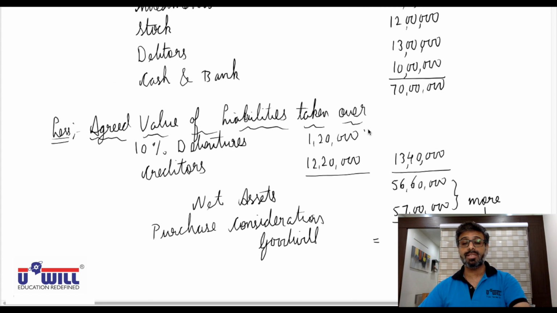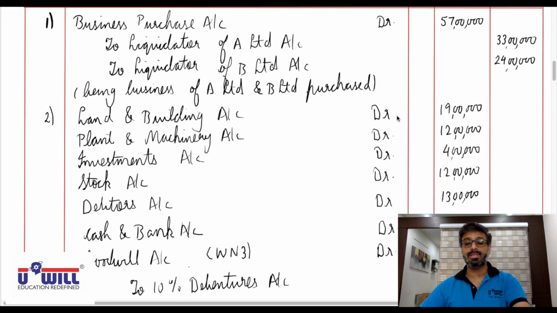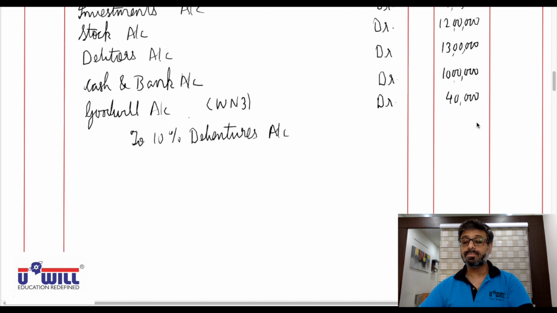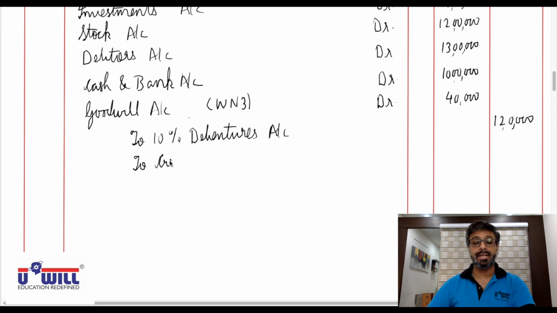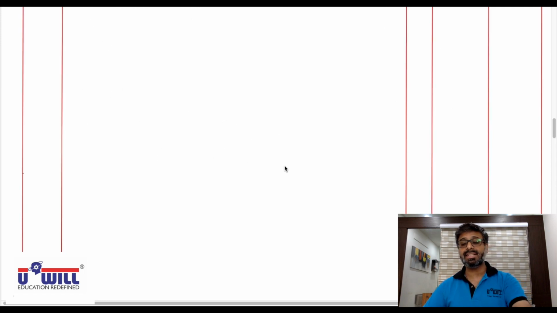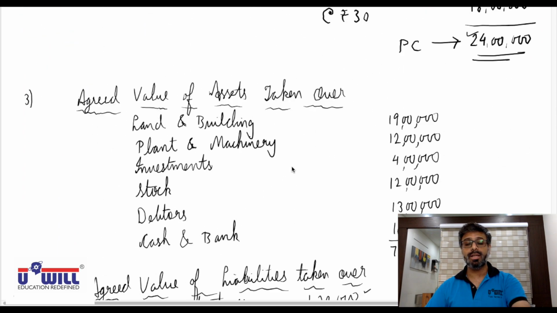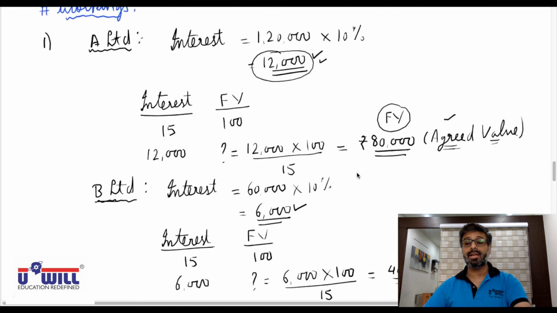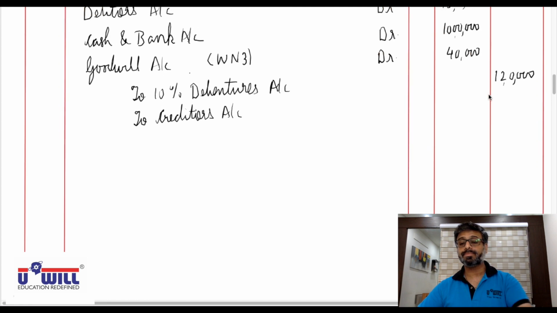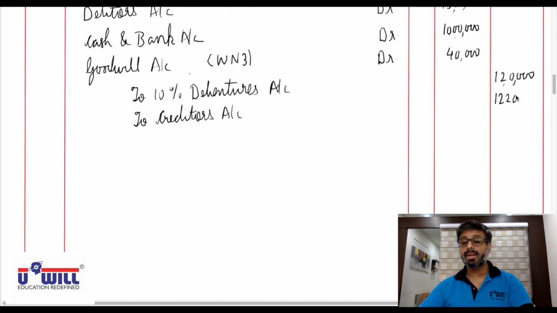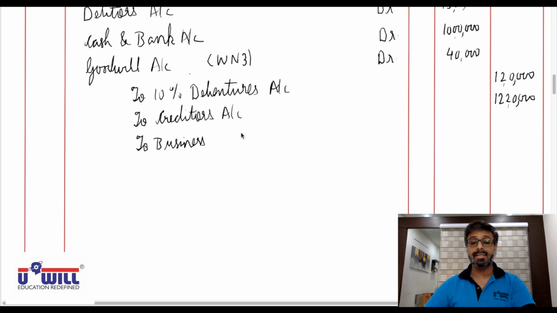Then to sundry creditors account, all other assets and liabilities except debentures are taken at book value only. So creditors account with 12,20,000 and to business purchase account with the purchase consideration of 57 lakhs.